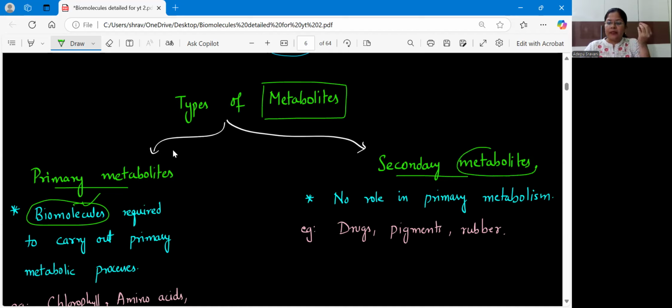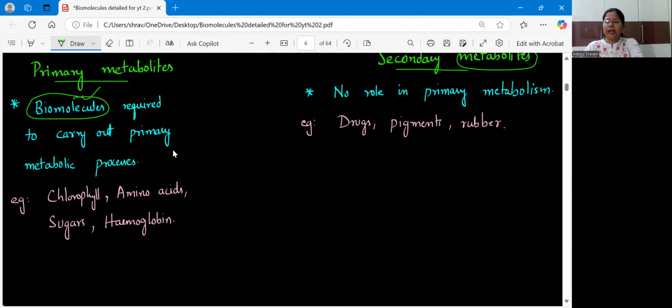The components in the body whose function is not known or which are not involved in any metabolism, such metabolites, we call secondary. So the biomolecules whose function is known are called primary metabolites, and the biomolecules whose function is not known are considered secondary metabolites. Now coming to the examples of primary metabolites, you can have examples like chlorophyll.